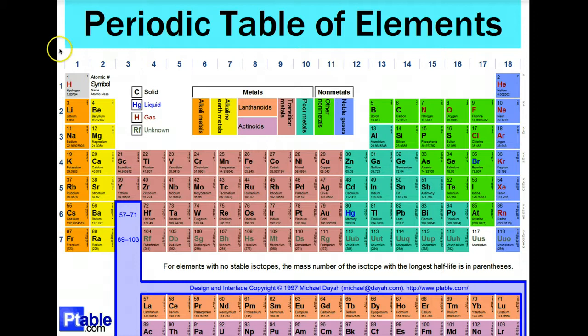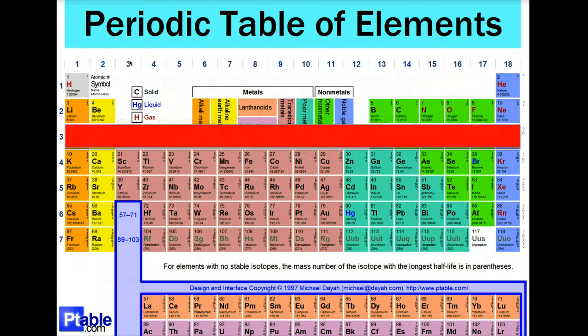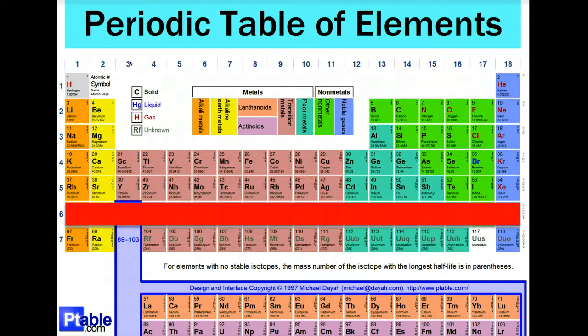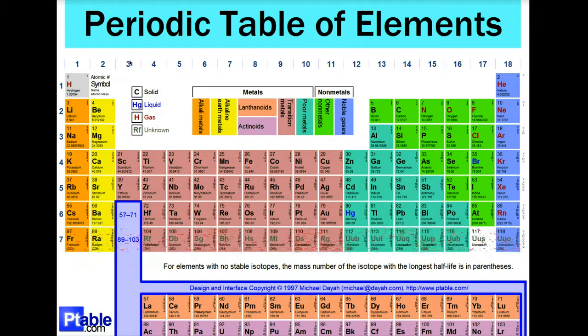The periodic table is also set up in columns, 1, 2, 3, and so forth. There's a certain reason why the periodic table is set up in columns, numbered 1 to 18 across, and why they're set up in rows 1 through 7.